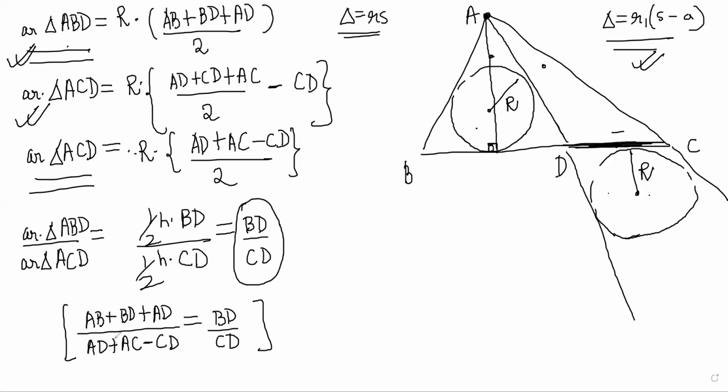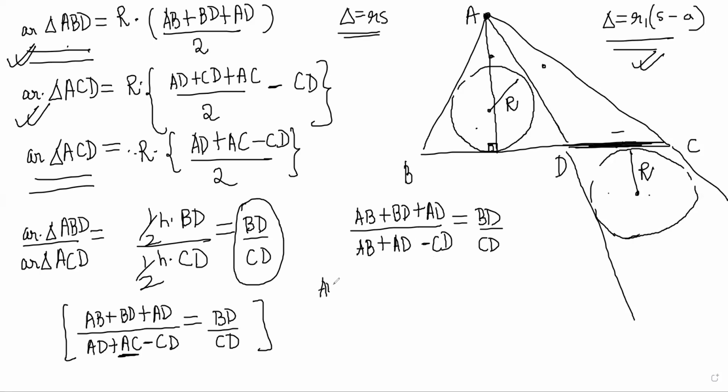Now, again, I will use the fact that AB is equal to AC here. So the expression becomes (AB plus BD plus AD) divided by (AB plus AD minus CD). I'm just replacing AC with AB here, is equal to BD by CD. Now we have to cross multiply and simplify this expression, right?